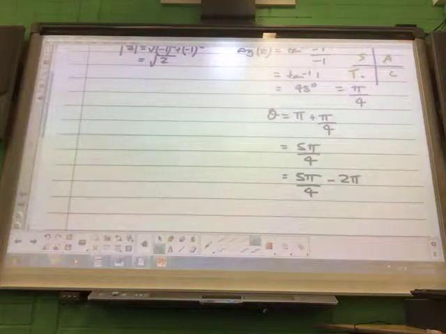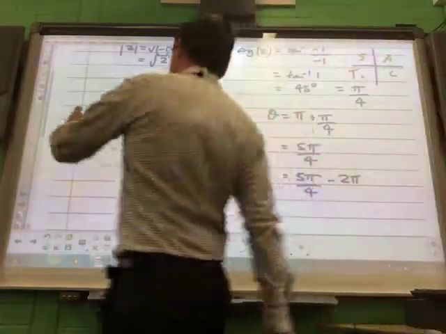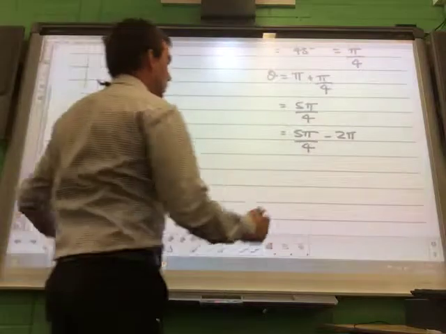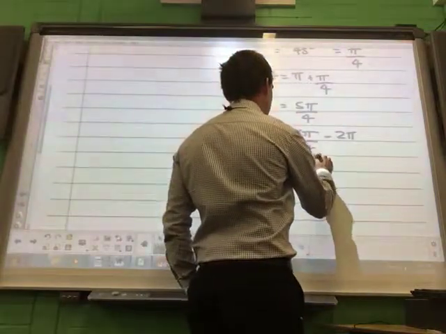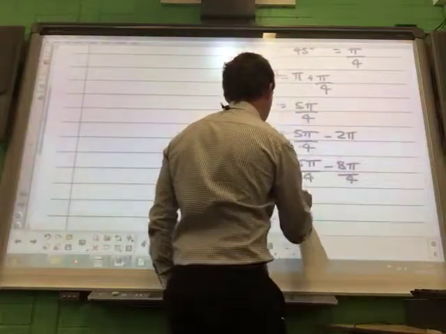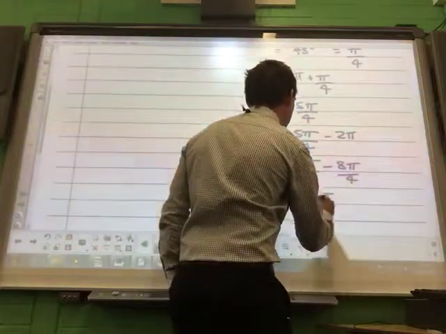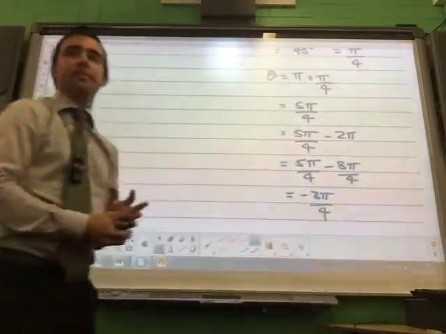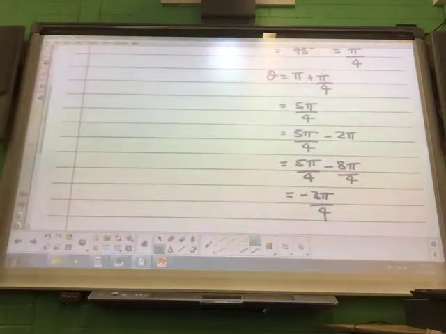So we've got 5 pi on 4, take away 8 pi on 4, setting the same denominators, which is -3 pi on 4. And that's certainly between negative pi and pi.